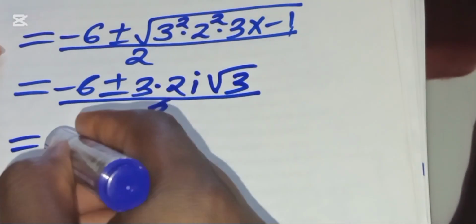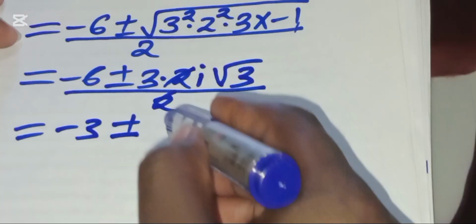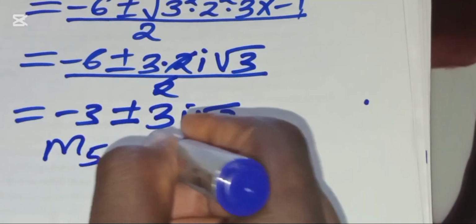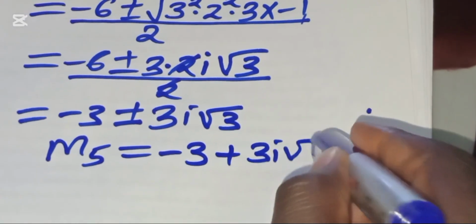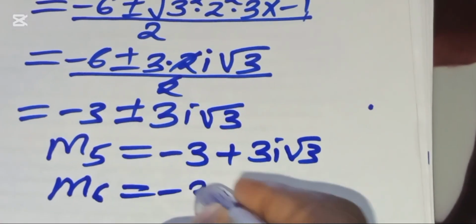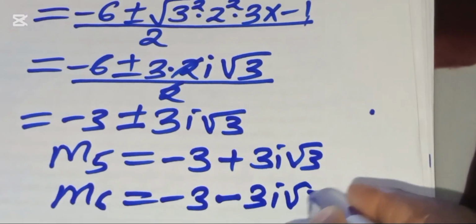We'll have negative 3 plus or minus 3i square root of 3. So that means that m5 is equal to negative 3 plus 3i square root of 3, and m6 is equal to negative 3 minus 3i square root of 3.